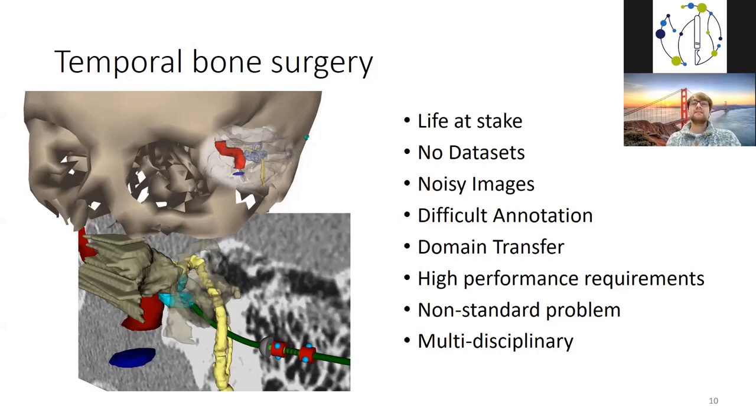In the end, if we simulate, we have a domain transfer problem. We have extremely high performance requirements, and there is no standard established method ready and off the shelf. And overall, this is a very multidisciplinary approach.